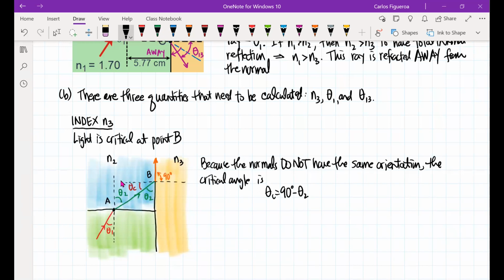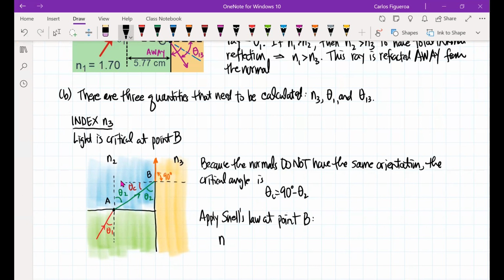So now, if I apply Snell's law, look what I see here. So at point B, Snell's law at point B, here's what we see.